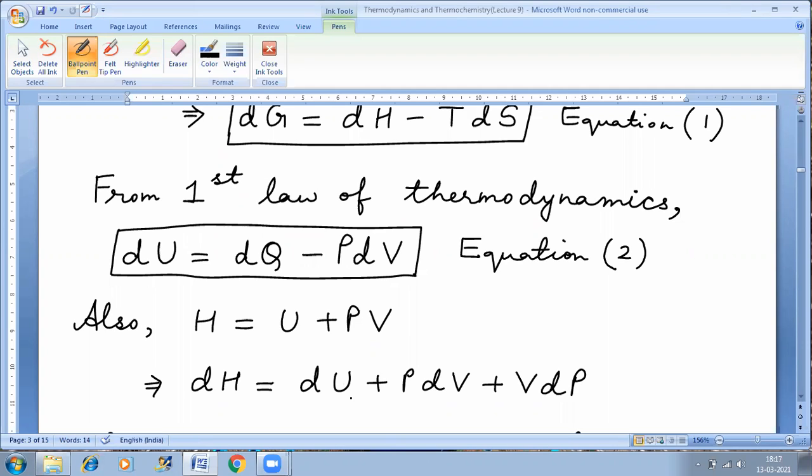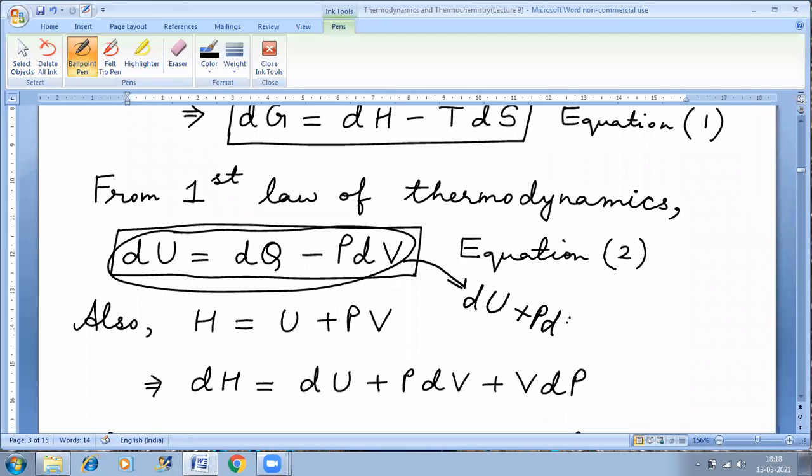Now, if I use equation 2, in equation 2, if you see, dU is equal to dq minus PdV. This can be adjusted and written as dU plus PdV equal to dq.